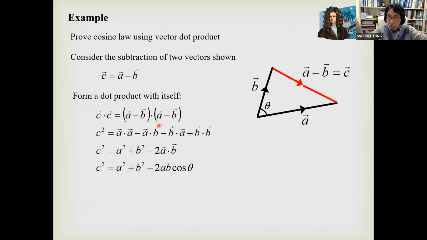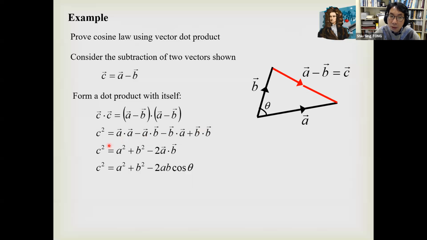So on the two sides, I just form a dot product of the vector with itself, and they remain equal, right? Now C dot C becomes C squared, and by using the linearity property, I have A dot A minus A dot B minus B dot A plus B dot B, right?